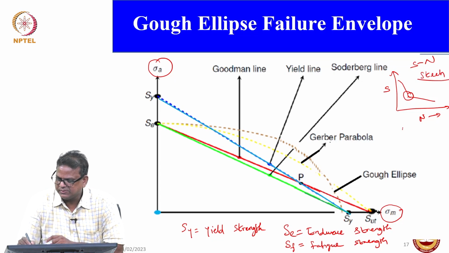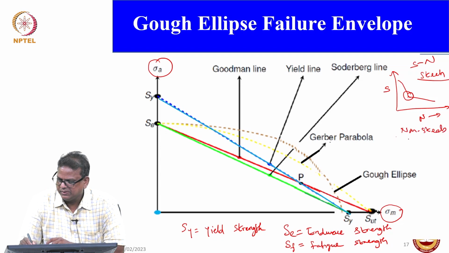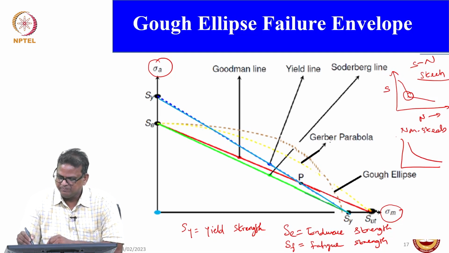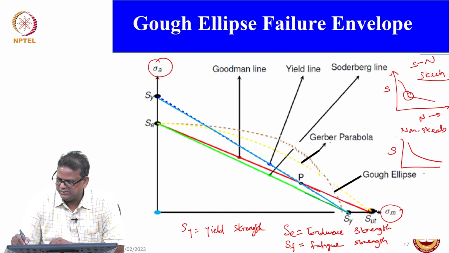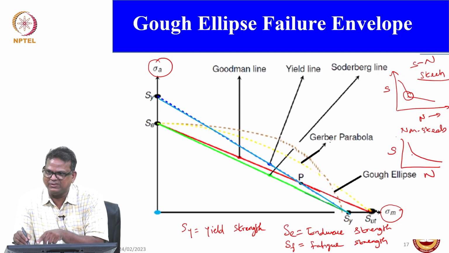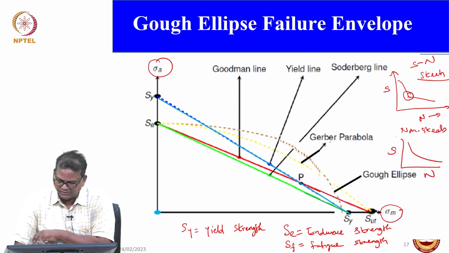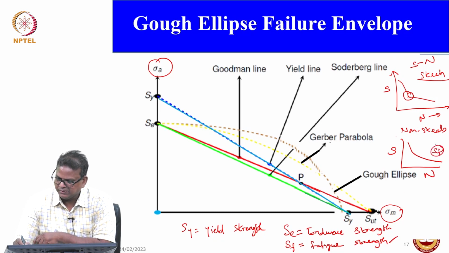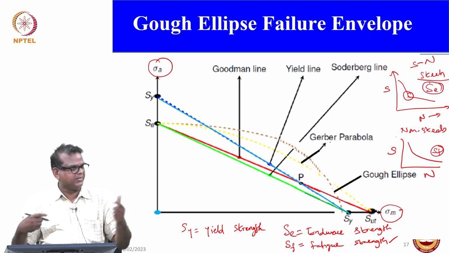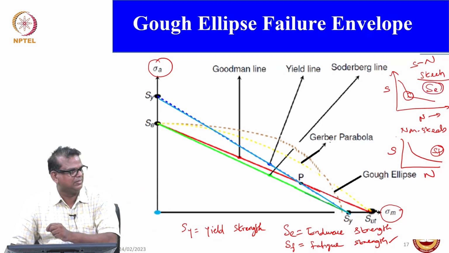For materials other than steels, the curve would be like this, I am sure you would know these things, your stress and your number of cycles. There we can't find out exactly where the knee is, so in that case you go for a fatigue strength. So here the fatigue strength Sf will come into the picture, and for steels Se will come into the picture. This is a major difference between steel and non-steel materials.